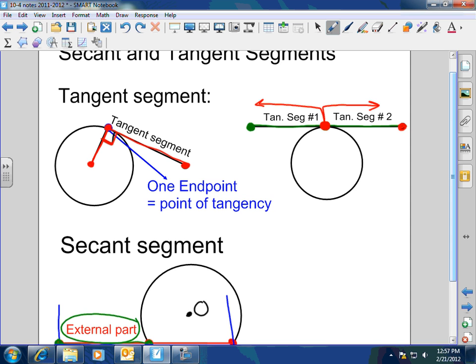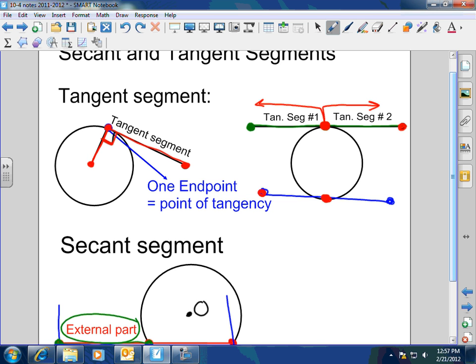The question was, is this one whole tangent segment? The answer is no, because a tangent segment is defined by one of the endpoints at the point of tangency, and then the other endpoint on the external part of the circle.